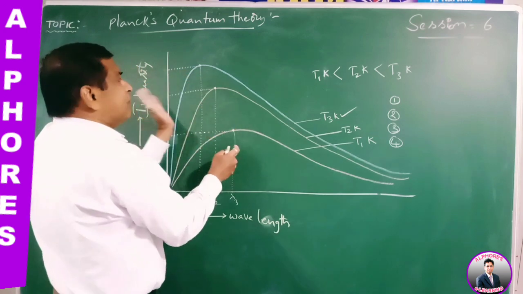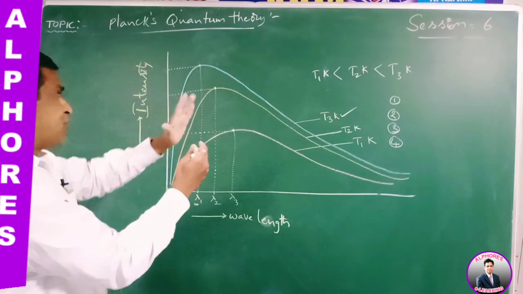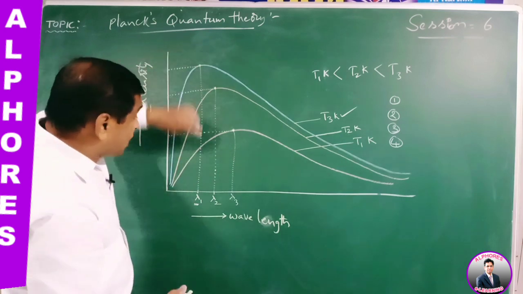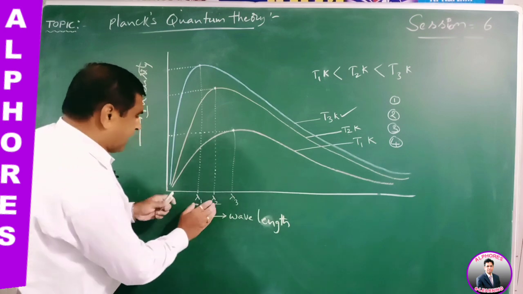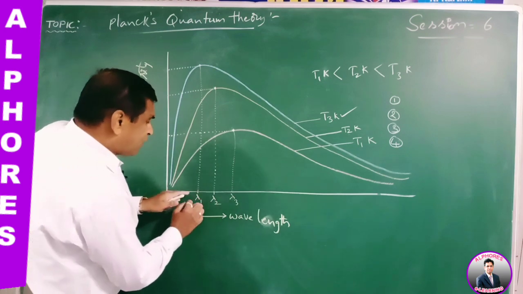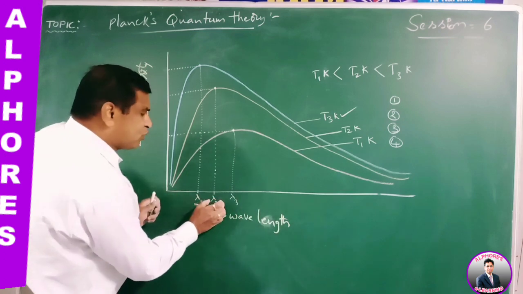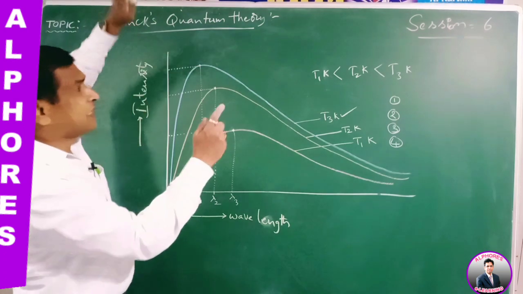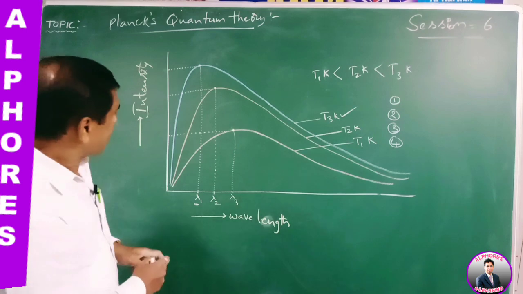So at higher temperatures, the peak of the curve shifts towards the left hand side, indicating that intensity of the shorter wavelength increases. Suppose if you take only two graphs, we have lambda 1 less than lambda 2. If you take all three, lambda 1 less than lambda 2 less than lambda 3. So intensity of shorter wavelength increases. That is the conclusion from the graph.